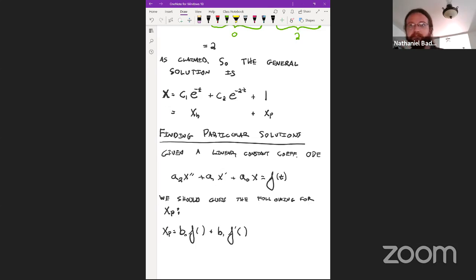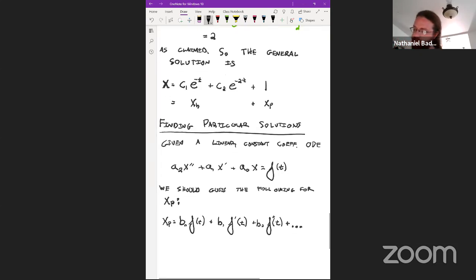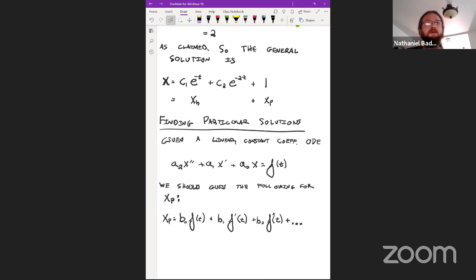That's correct. So plus b2 f double prime of t, and by the same logic, et cetera, as far as we go.